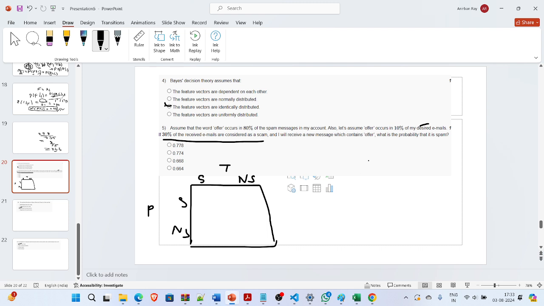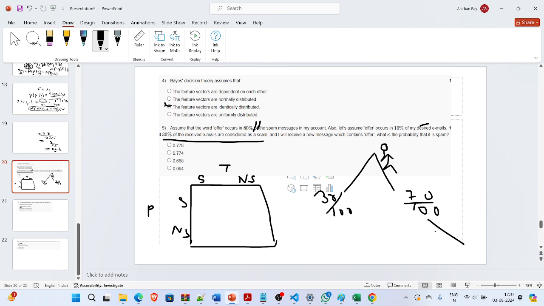Now we start with the tree diagram, as I have shown on the previous day. So this is me. I see emails, I know that there are 30% spam ones, 30 by 100. There is 70% not spam. They have said that 80% of the spam messages have the offer word.